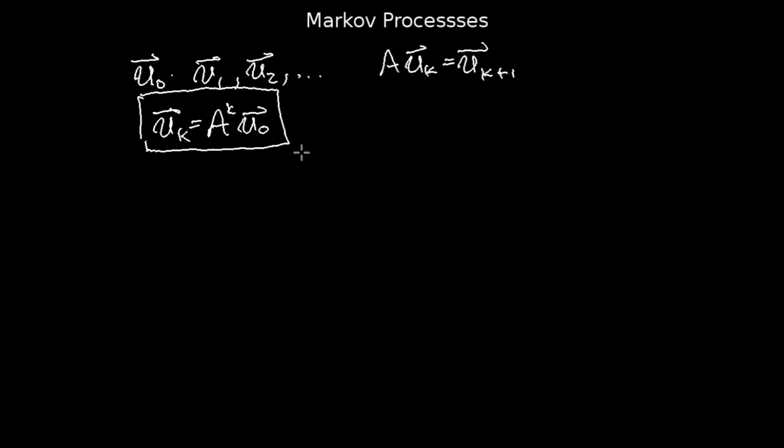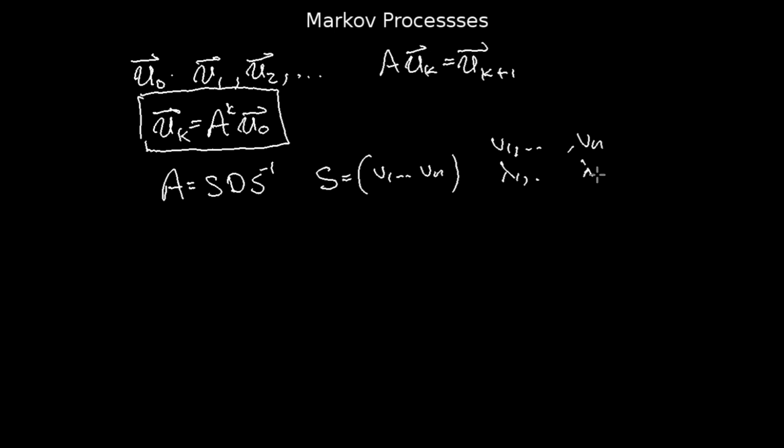And I've discussed this several times already, so I'll say very quickly, how do you solve this? How do you figure this out? Well, you write A is equal to S D S inverse, where S is the matrix consisting of the eigenvectors. And if the eigenvectors are v1 through vn with corresponding eigenvalues lambda 1 through lambda n, you find that uk is going to be of the following form.